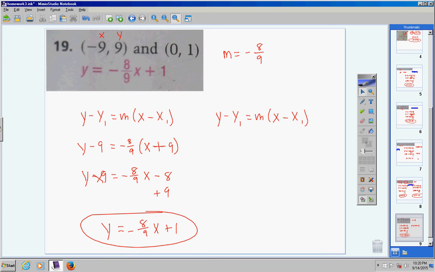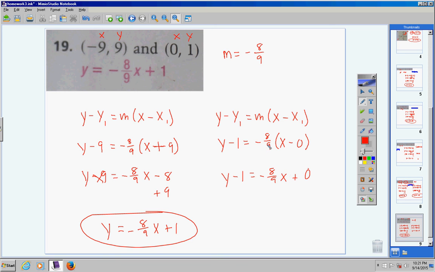Alright, now let's use the other point here, right here, and we'll get the exact same answer. Okay, y minus, well, my y value is 1, so y minus 1. For m, I'm going to substitute negative 8 ninths. Then I have x minus, and my x value is 0. Take your 8 ninths and multiply it through your negative 8 ninths. Negative times a negative is positive.